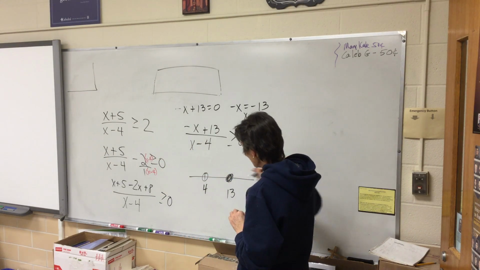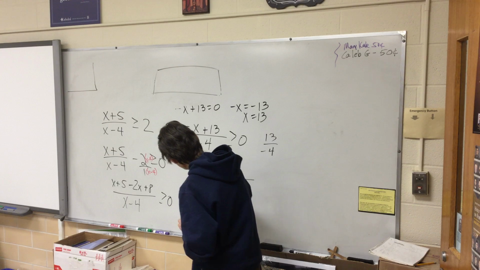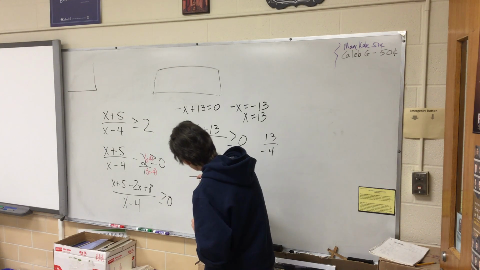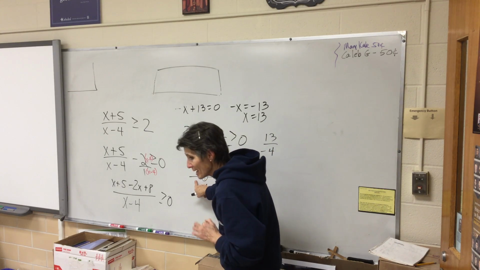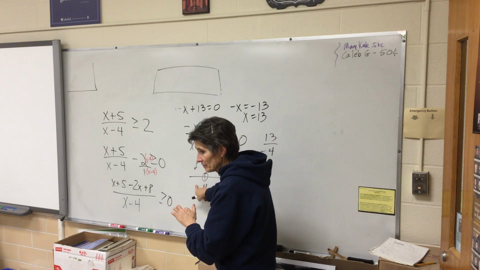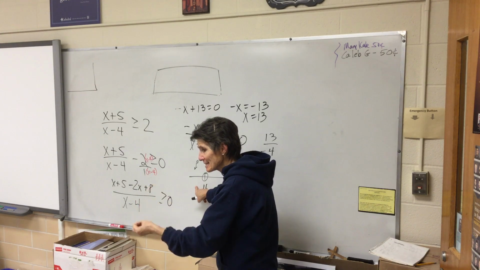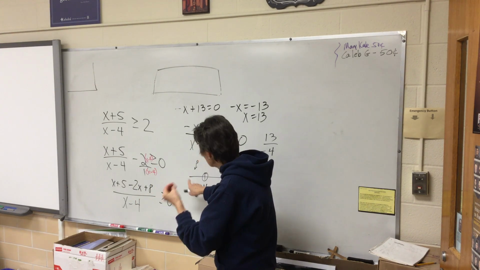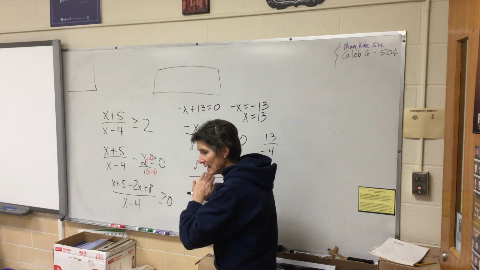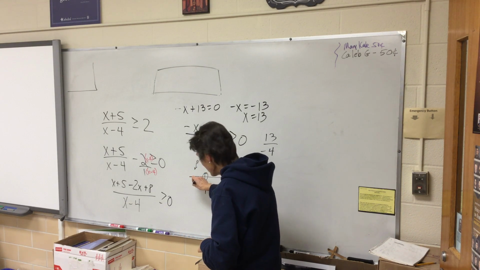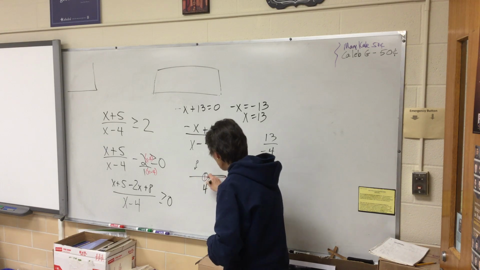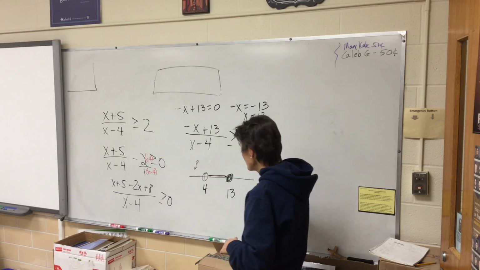So 0, which was right here on my number line, 0 would be over here, did not work. So I do not shade there. The number I'm guessing is 0. 0 is here and it didn't work. So that means I don't shade there, but I do shade here and I don't shade here.